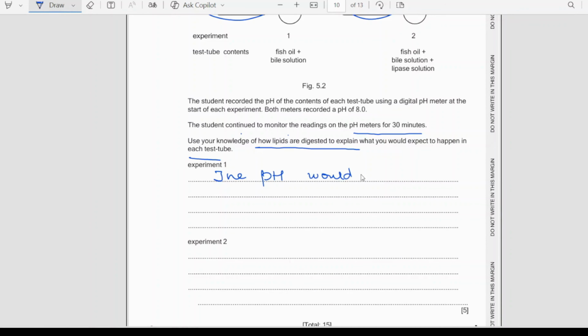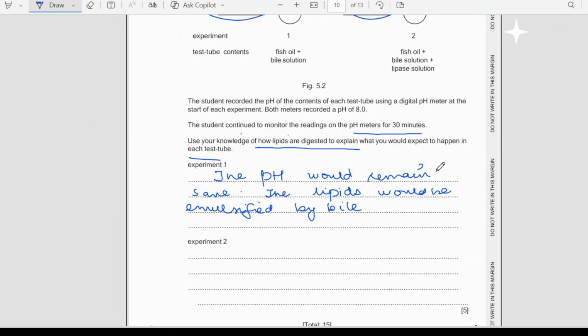Okay, what else happened? Emulsify part. Just explain the emulsify part. Good.